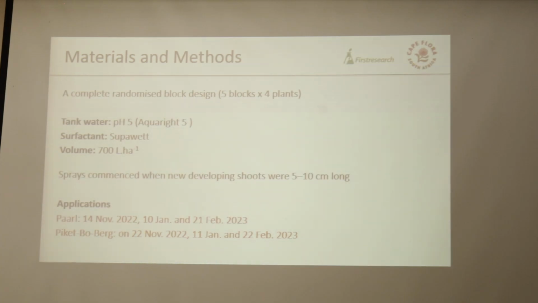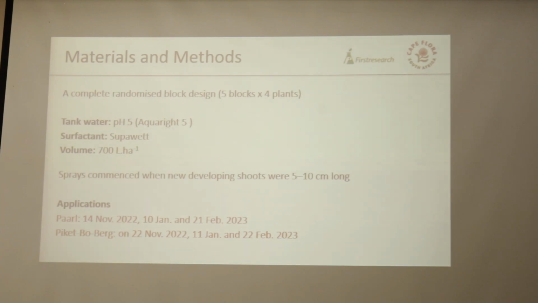Then it's a complete randomized block. So we had 5 blocks, 5 repetitions of 4 plants each. I buffered my spray tank water to pH 5 using Acorite 5, which is a buffer. I suppose you get similar things all over. I added a surfactant. It's a non-ionic wetting agent. And I sprayed it at a volume of 700 liters per hectare, which I have no idea what that is per acre.